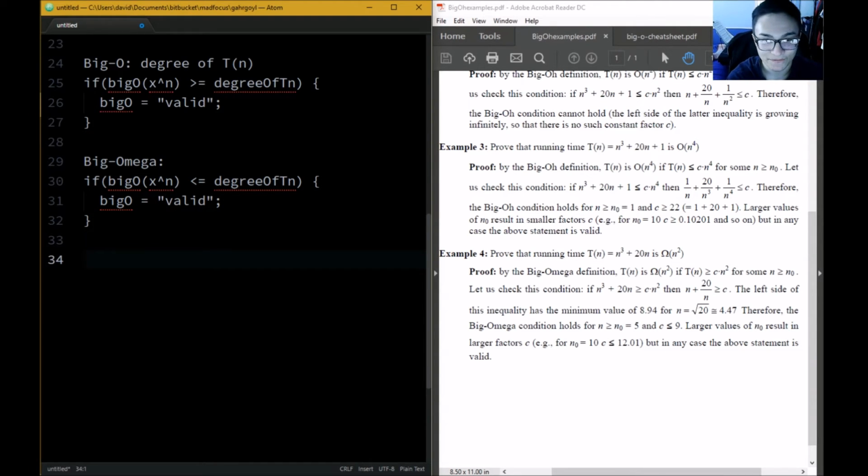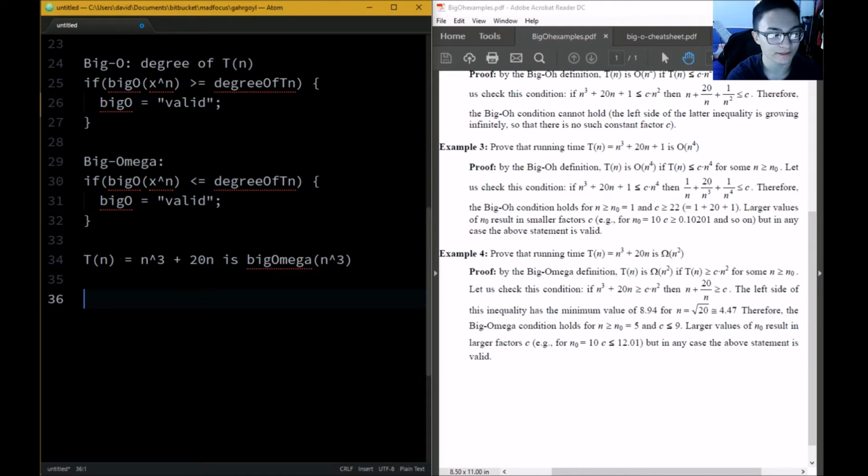On the screen, T of n is big omega of n cubed. So we set T of n, which is n cubed plus 20n, greater than or equal to c times n to the third.